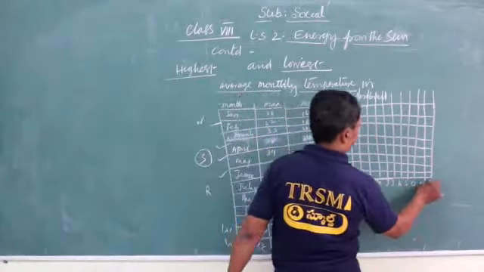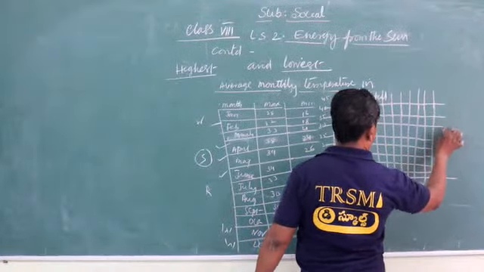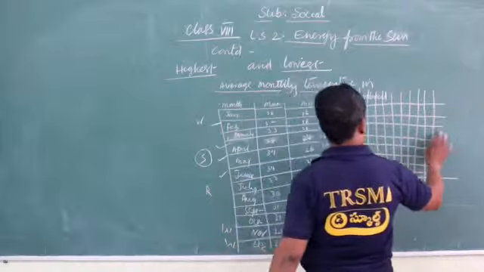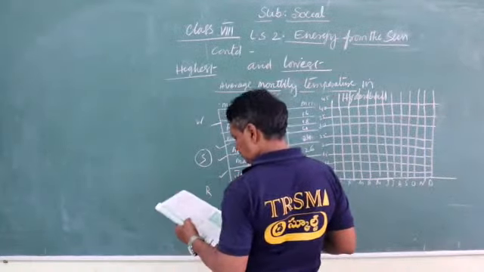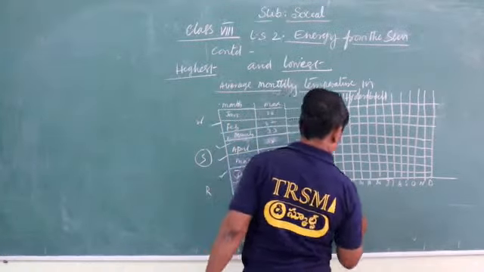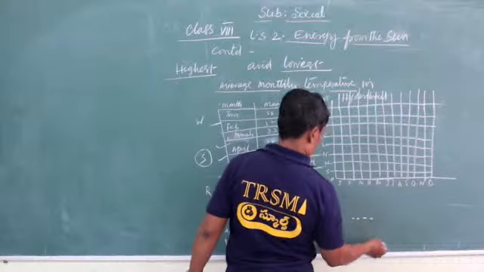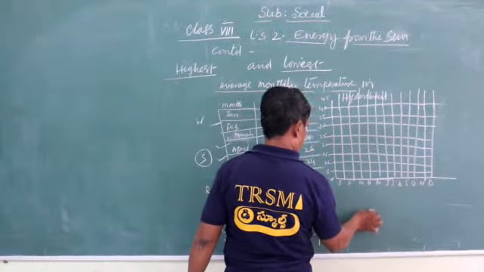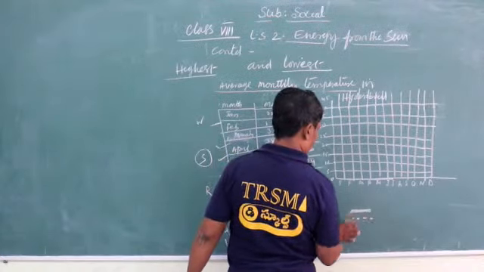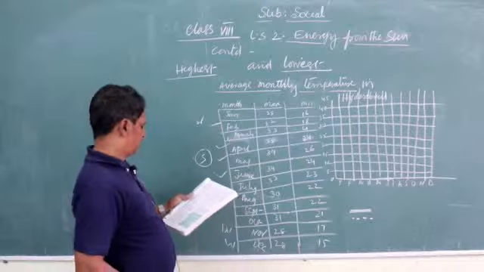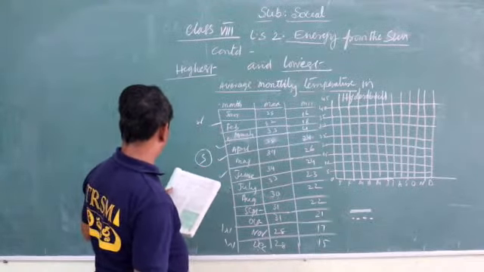Okay? So now, one line is maximum. This is the minimum. This is the maximum. Okay? So now we shall start.